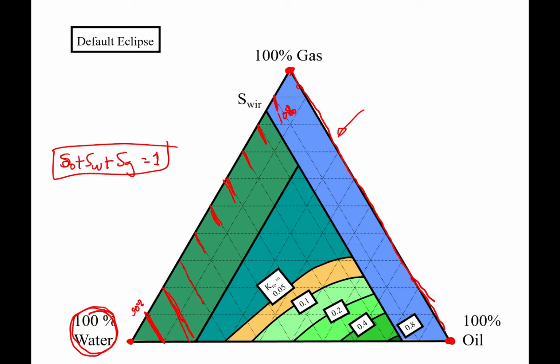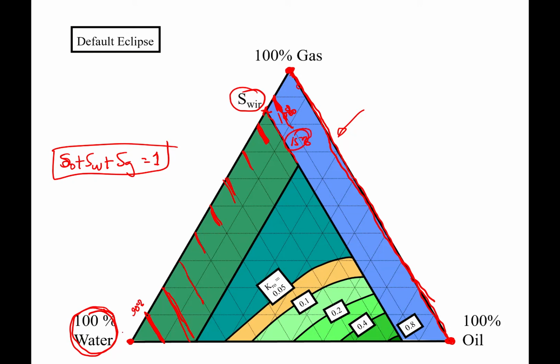So I can give you this diagram or something similar to this in a quiz or exam and ask you, what is SWIR? Because you already see this line is what? 10% water saturation. This is 20% water saturation. This line is at the middle. So SWIR is what? 15%, right?